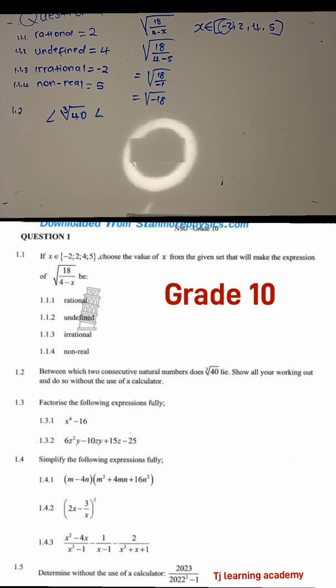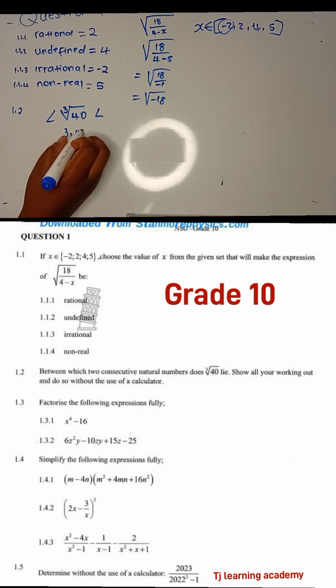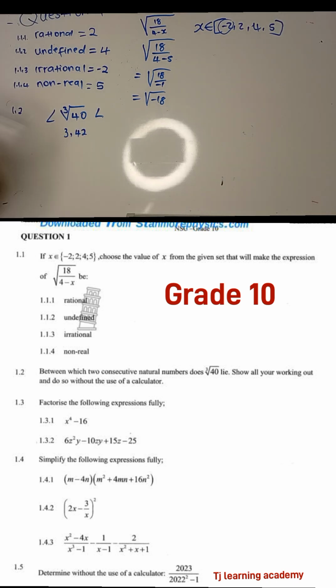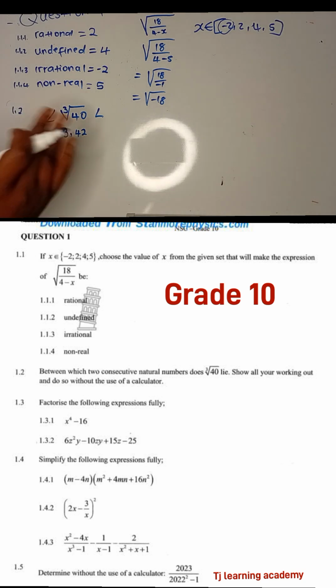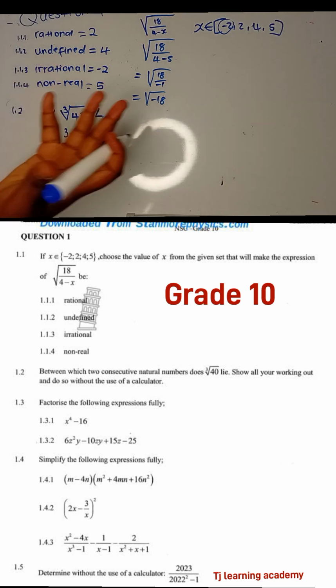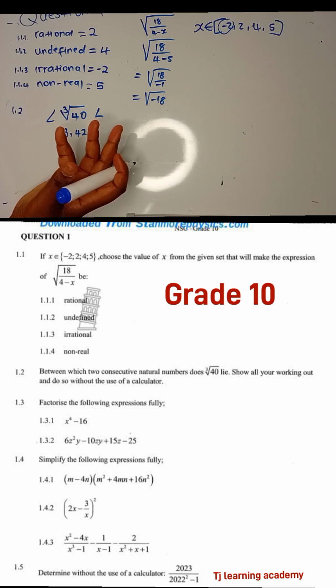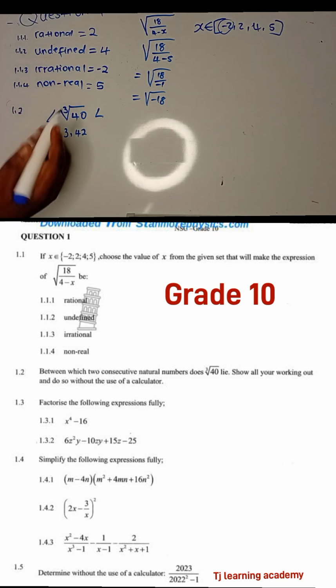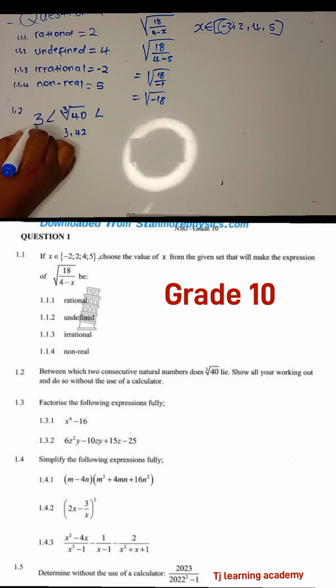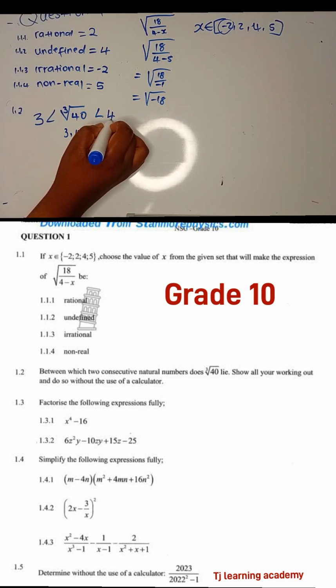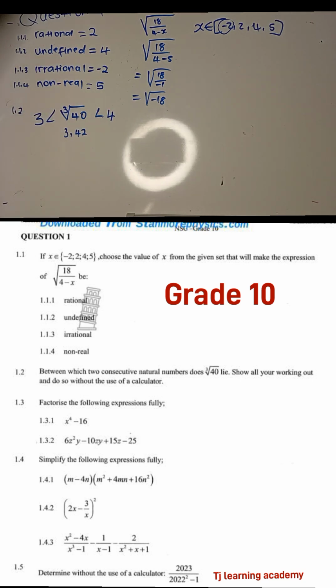So cube root of 40 is equivalent to 3,42. The natural number before 3,42 is 3, and the number after is 4.